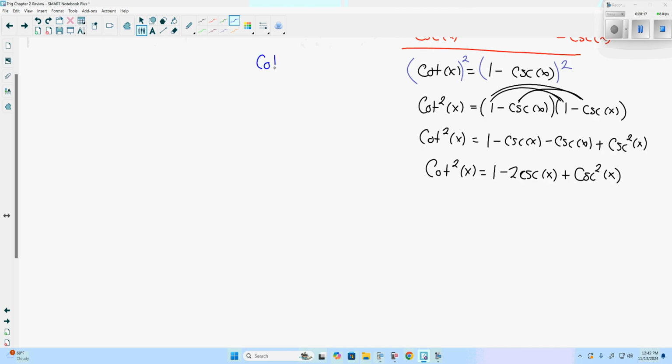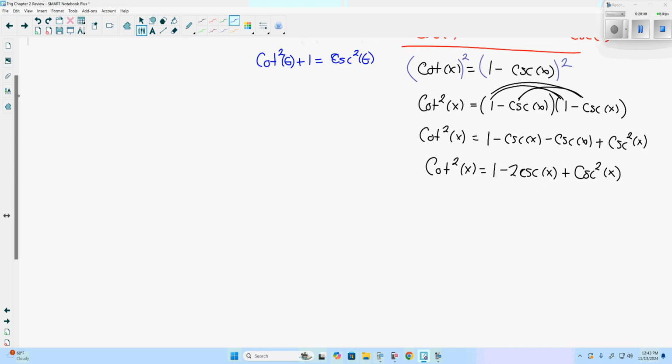Now, if we look at the Pythagorean identities, one of them that we have is cotangent squared plus 1 is equal to cosecant squared. So we can use this here to help us solve.